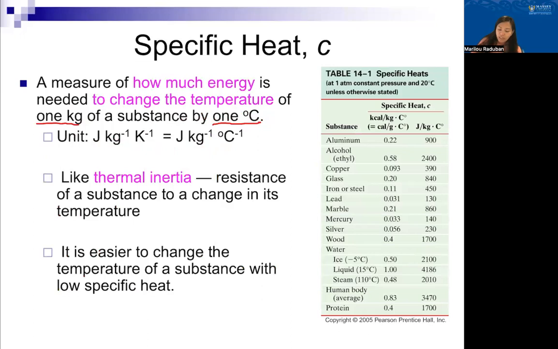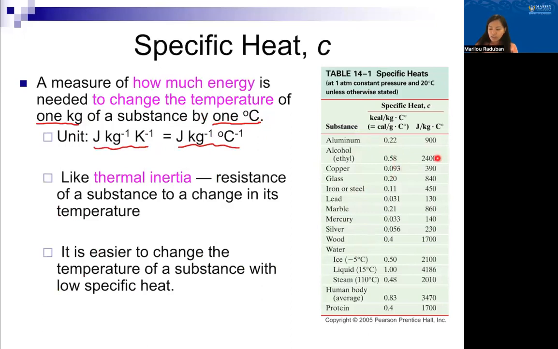It's measured in these units, joules per kilogram per degrees Celsius, or joules per kilogram per Kelvin. And as I've said, it's a property of the material which is constant, so you can just look it up from some table or search it in Google.